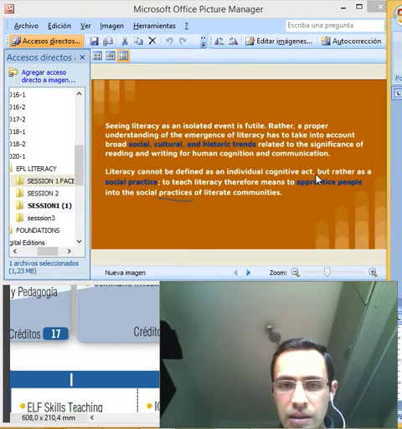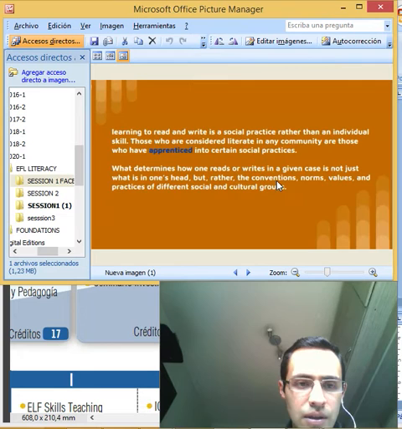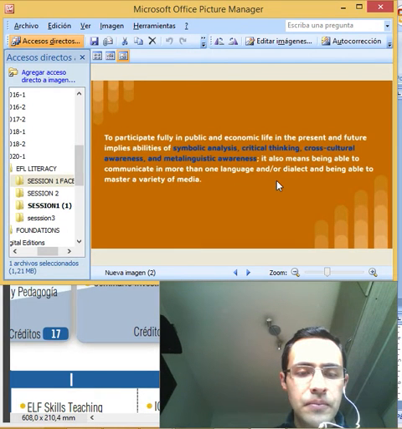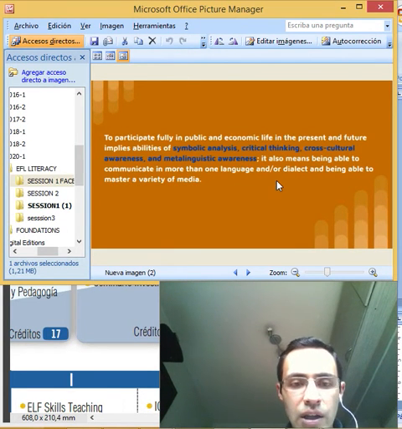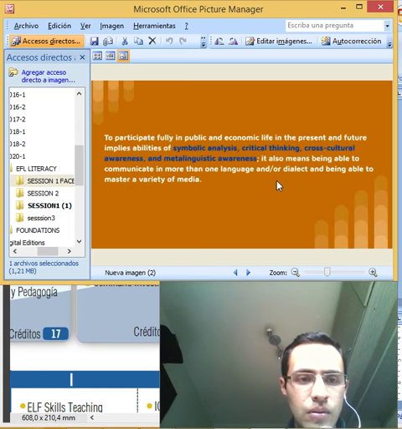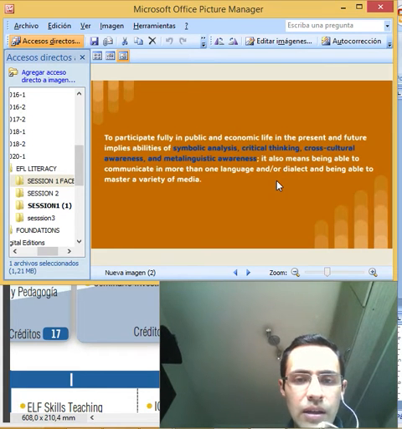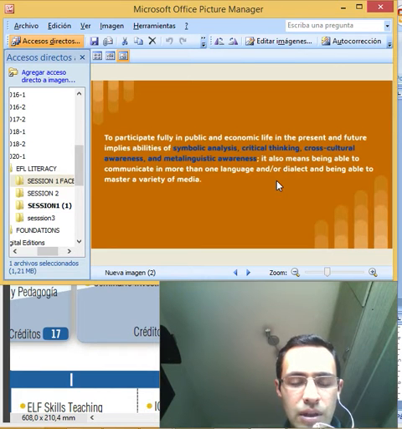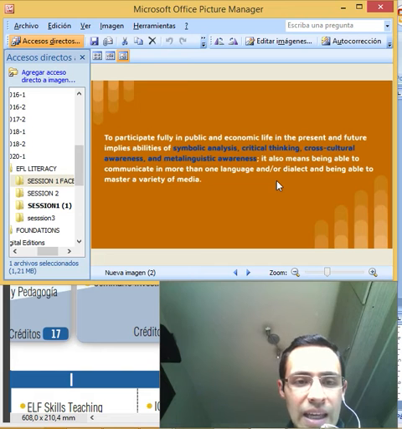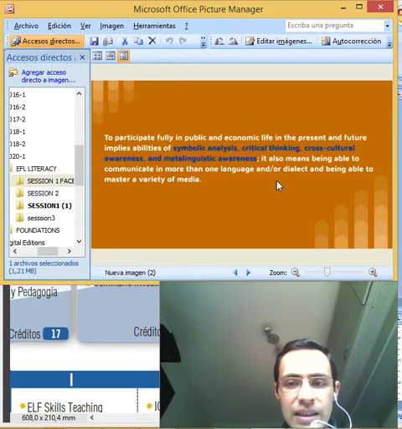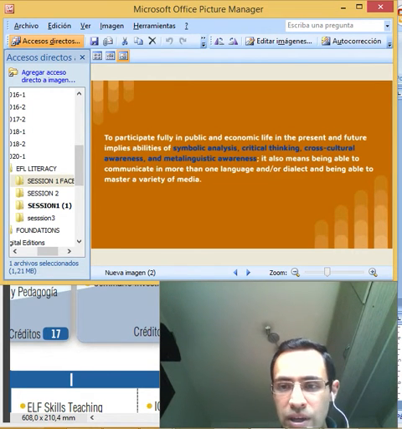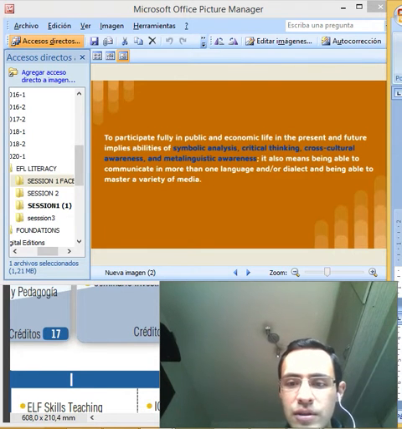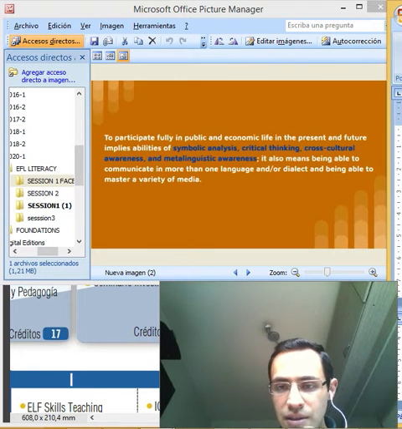After that, we can see here that knowledge is also going to go deeper. We are going to see in Module 3 that it has a relation with multiliteracies and multimodal literacy.